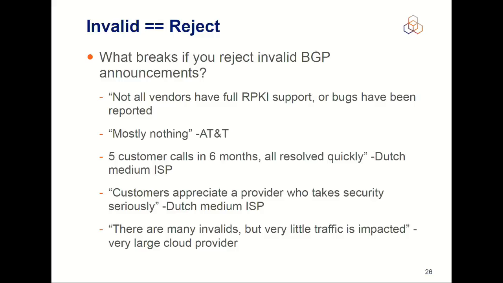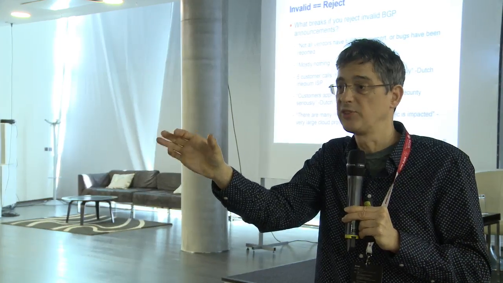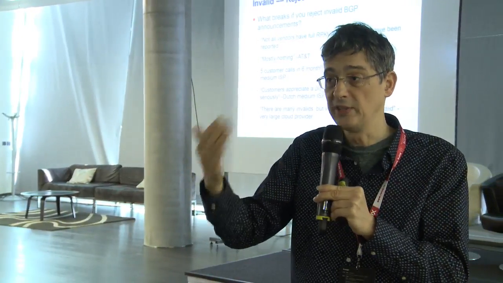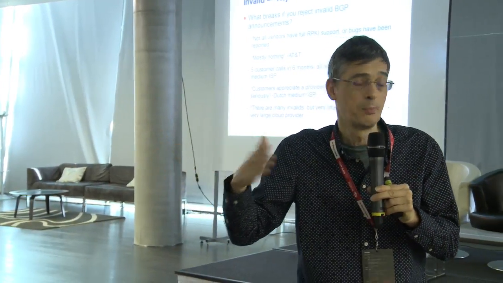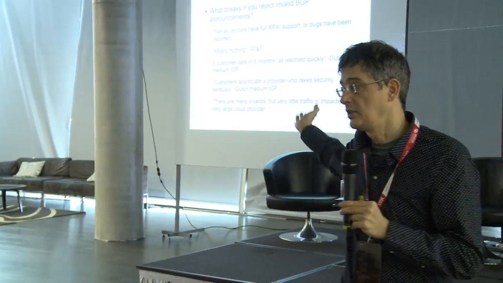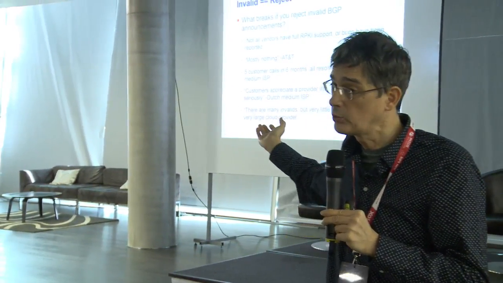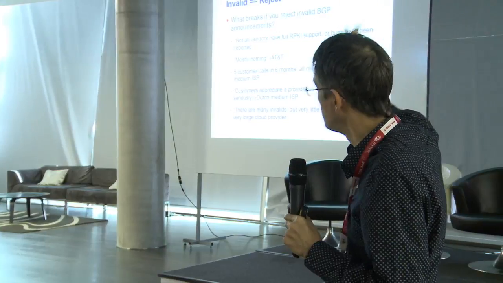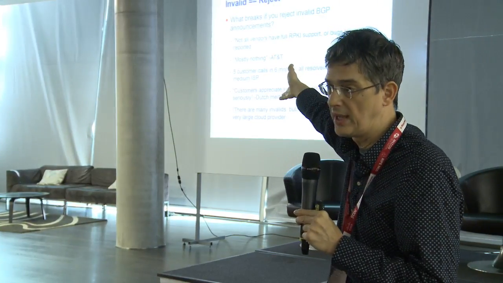But if you see from RPKI that there's a ROA that says this prefix can be announced by them and someone else is announcing it, what happens if your router now, based on this, rejects the prefix? This is what we found out, what people's experience is, what you see on that slide.